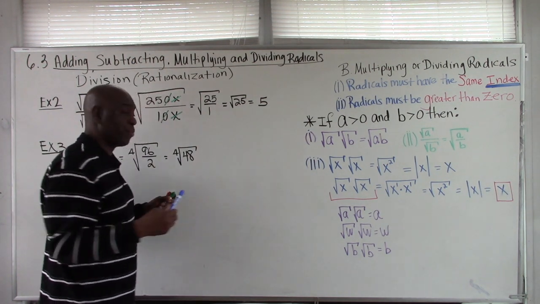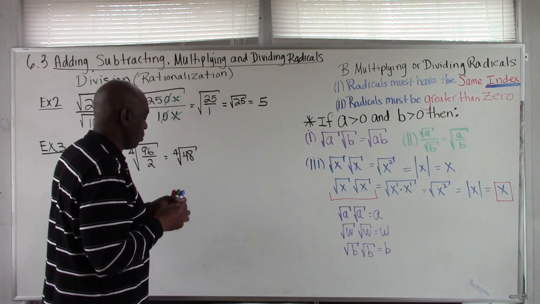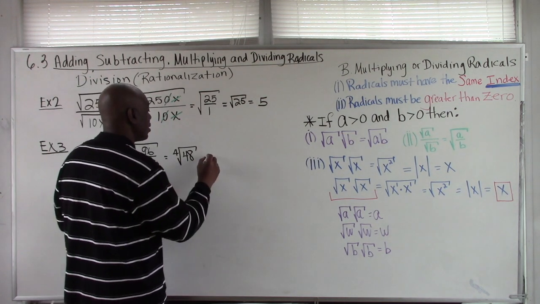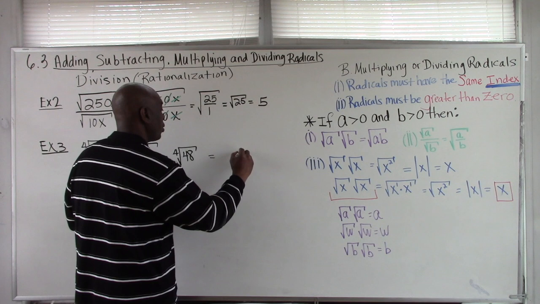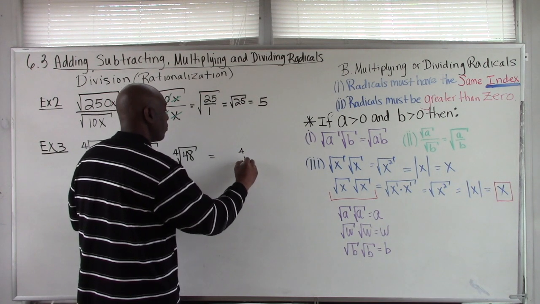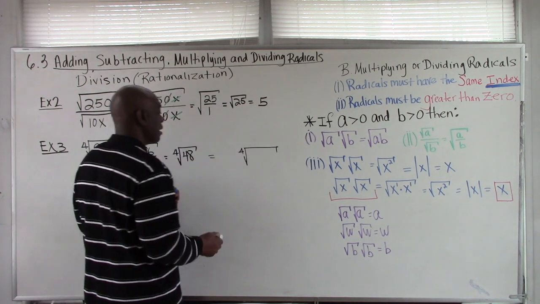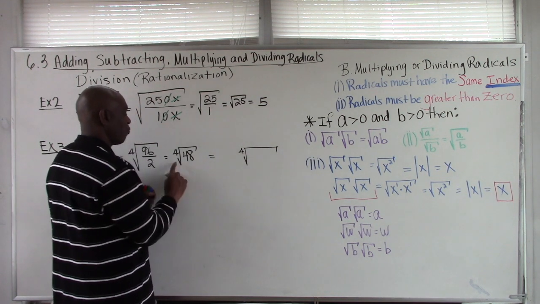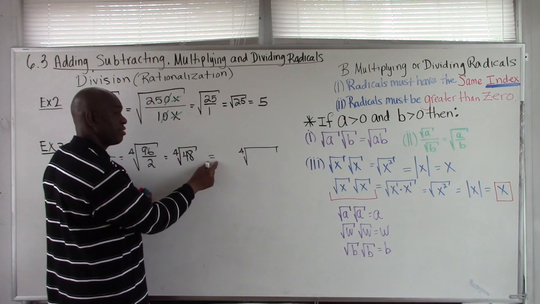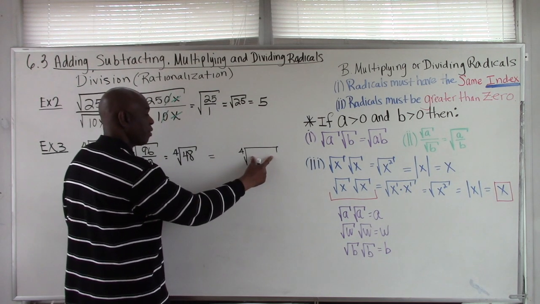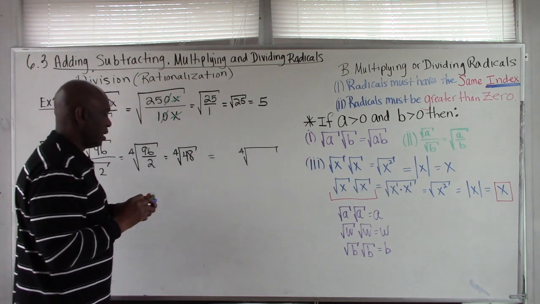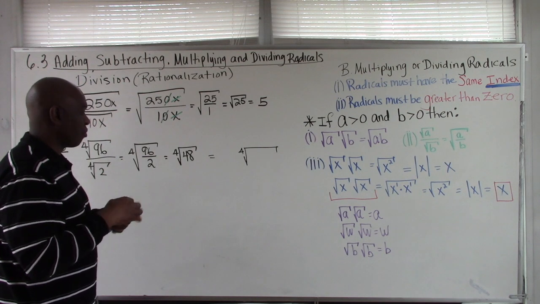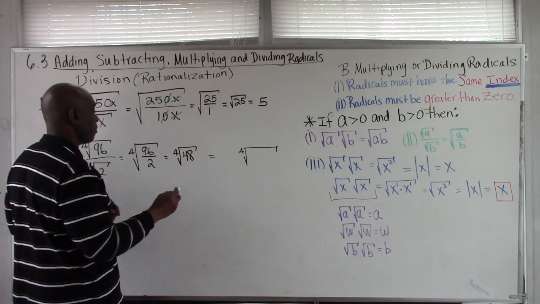Well, let's break down 48. So this is going to equal the 4th root. Let's see what's going to be out, and let's see what's going to be in. Here we go. Let's work on 48 now. Break it down.